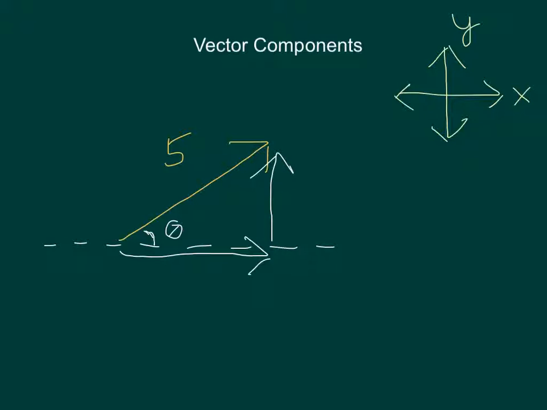And the way we would then figure out what the magnitude is for each of these two component vectors is by, again, using a little bit of trig. This is where we would use SOHCAHTOA to our advantage.